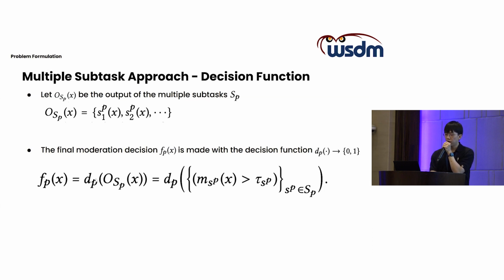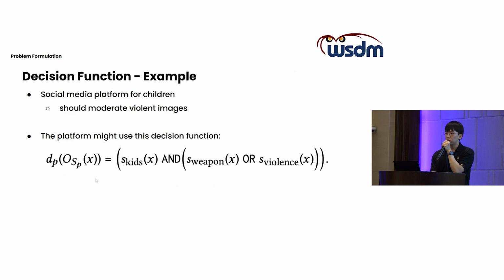We define O as the output of the multiple subtasks. Then, the decision function D is defined as a function that takes O as an input and outputs the final moderation decision F(x). Here, since every element of O is in a binary form, a decision function can be interpreted as a Boolean expression.